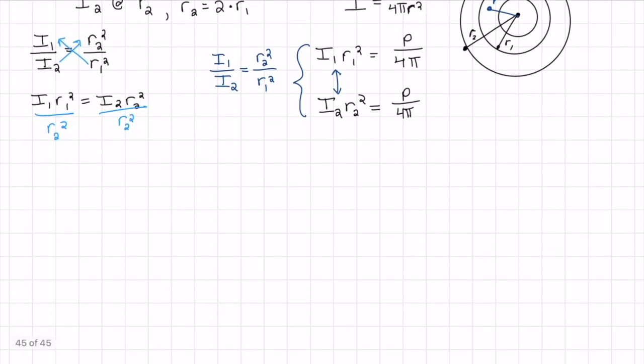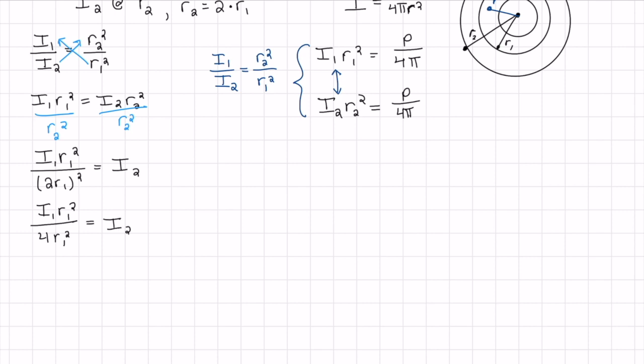So then if we substitute in the fact that R2 is 2 times R1, that quantity squared, we distribute that square, so we get I1 R1 squared over 4 R1 squared.